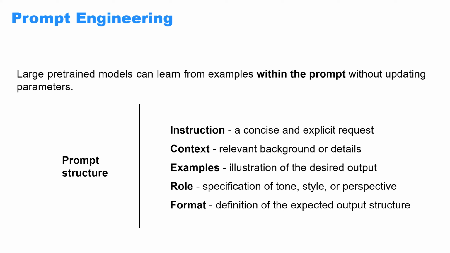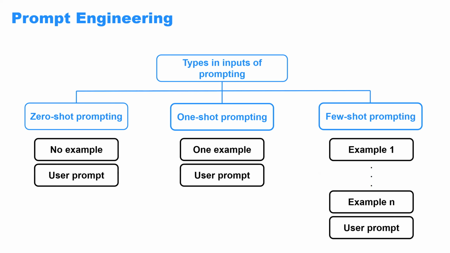It should contain some instructions, context, examples, like a role, for example: explain something to me like a PhD student, or give me a reply in the format of PDF, etc. So prompts can be zero shot, where we don't give any examples to our model.